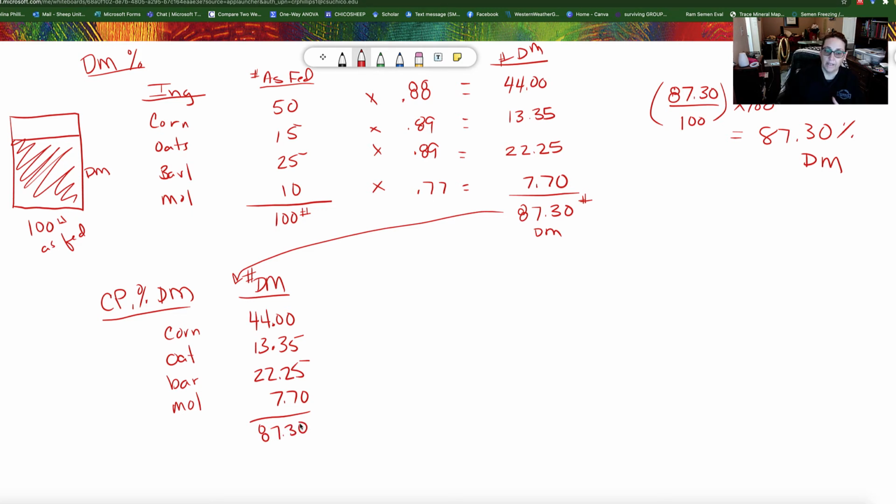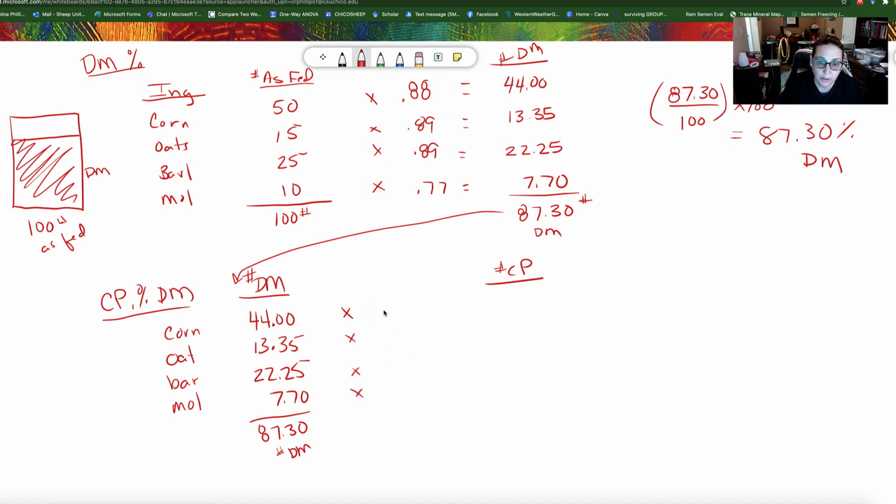Okay, so now we have a start point, and we're going to do the same thing. We're going to multiply, and in this case, times the crude protein percent, so that we can figure out how many pounds of protein is coming from each feed.